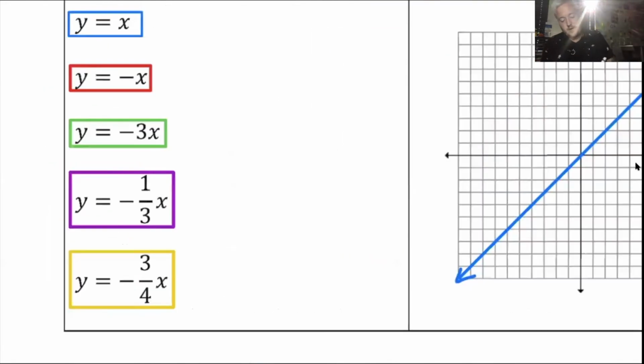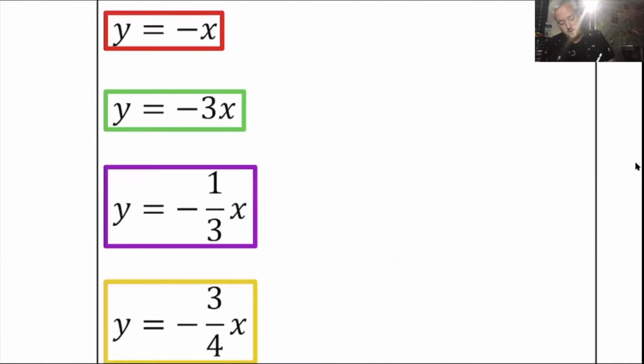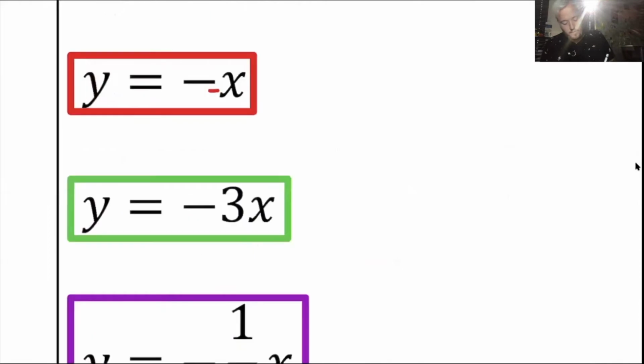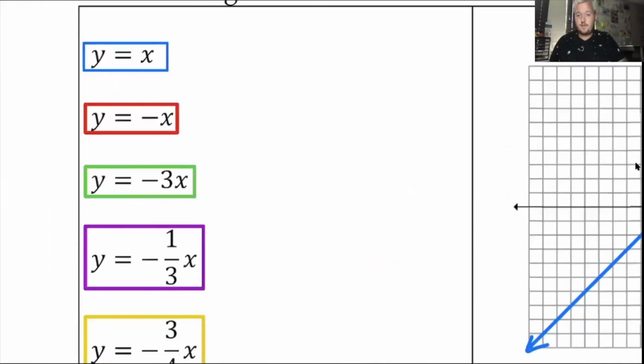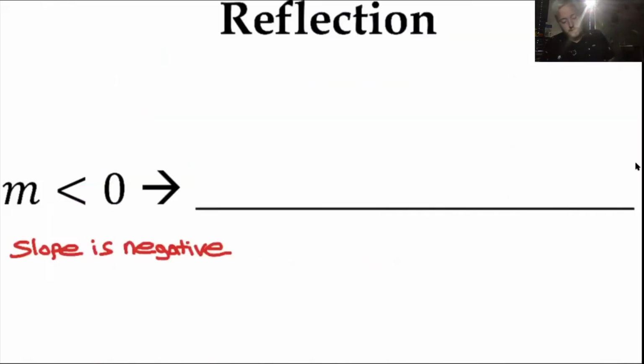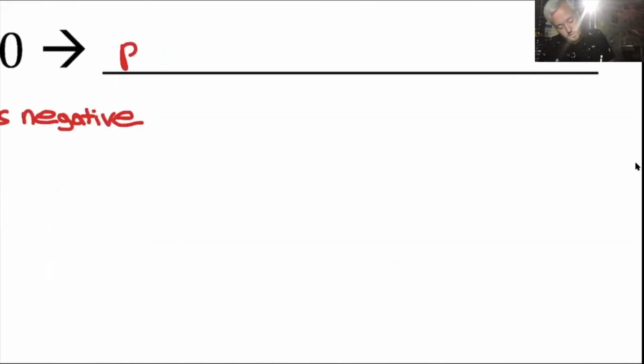All right, so over here, looking at red, we have this negative in front of the slope. What that negative means is this is going to be a reflection over the x-axis.